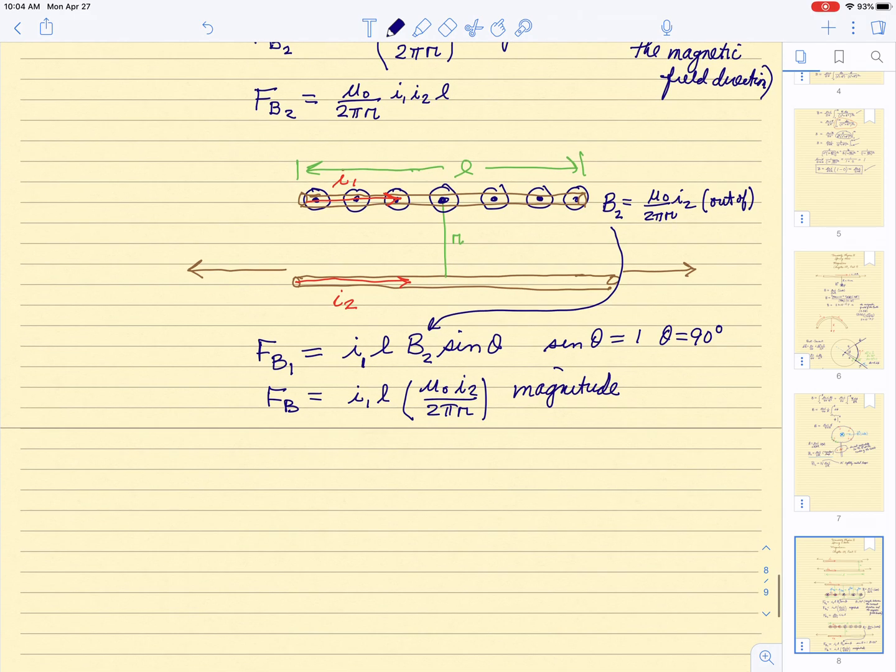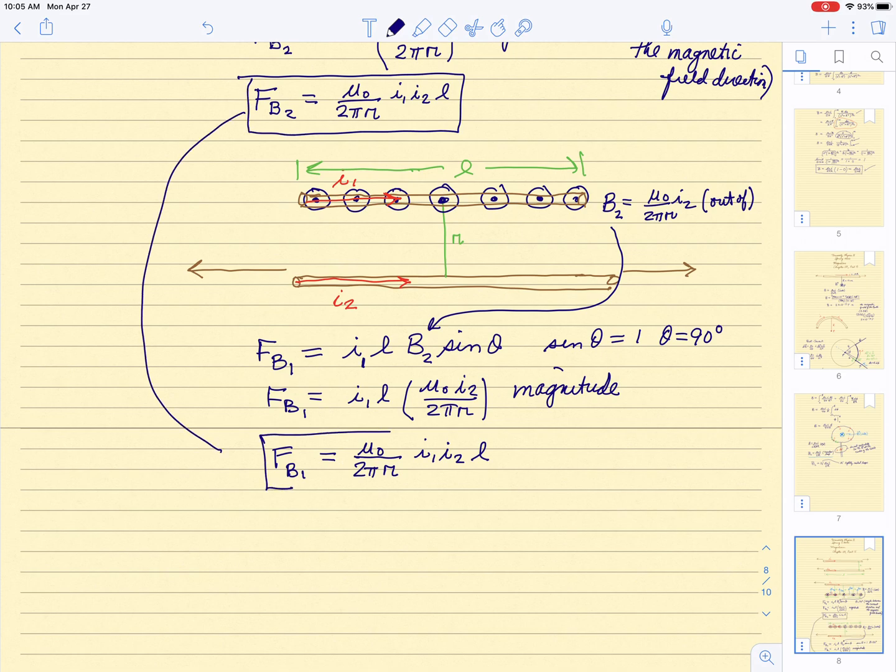The magnetic force on wire 1 then is going to be mu 0 over 2 pi r times I1 times I2 times L. And you'll notice that it is identical in magnitude to the force on wire 2.